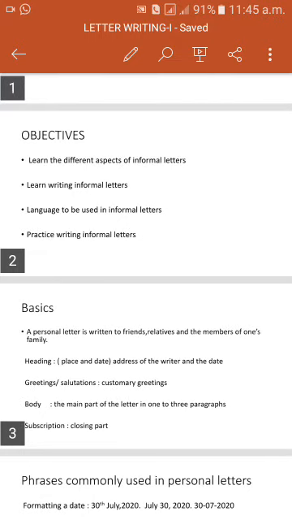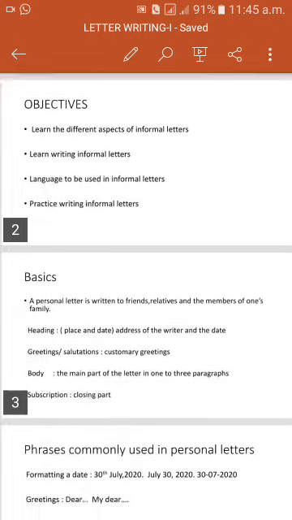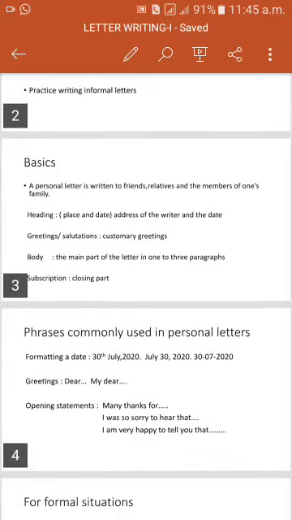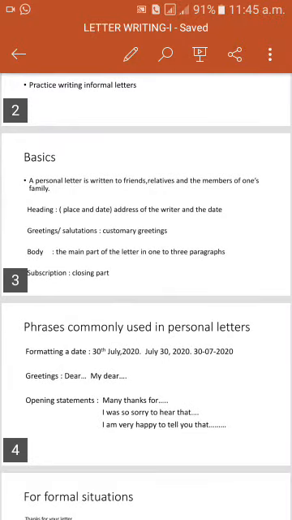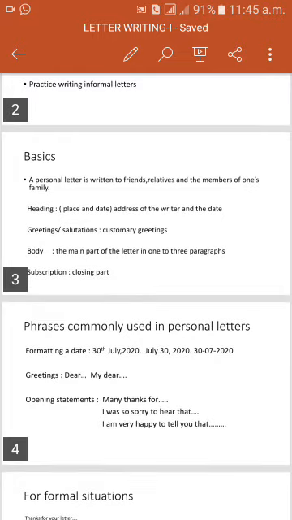The language to be used in writing personal letters, and we learnt what are the different varieties of headings, greetings, salutations, and subscriptions to be used in personal letters.